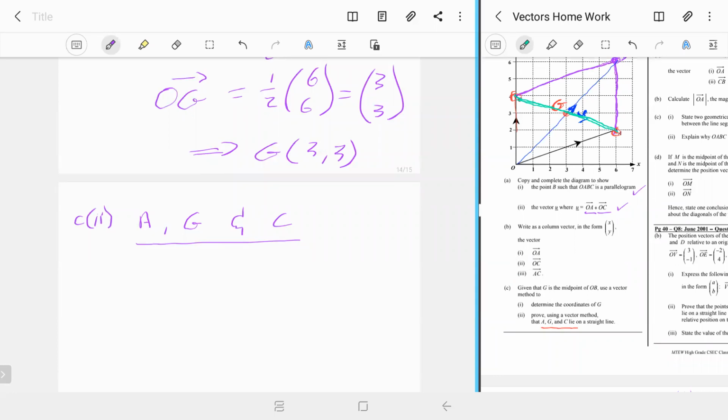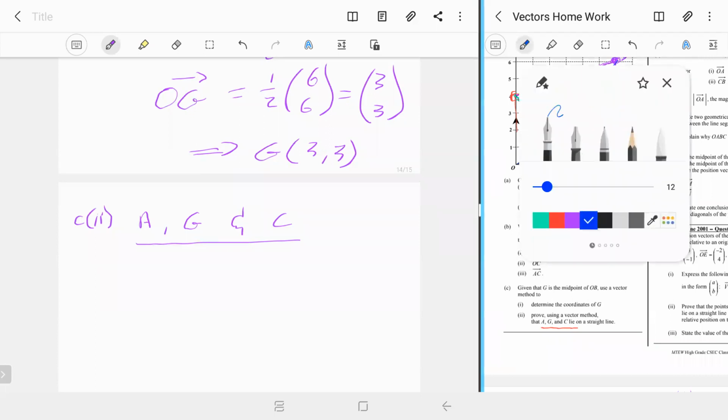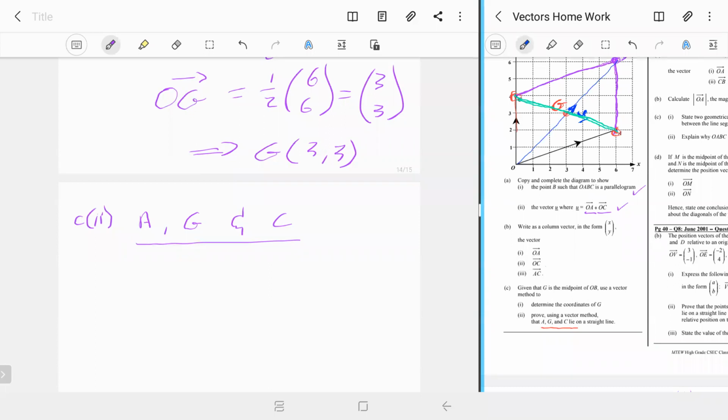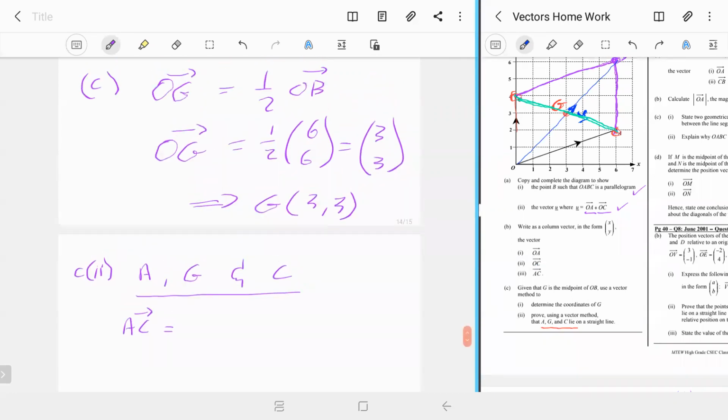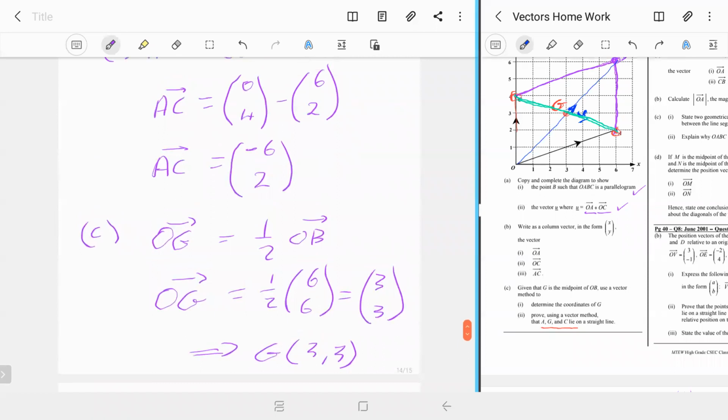To show that A, G and C are on a straight line, we need to use two vectors. Now look here, we have AC already, so it doesn't make sense to calculate AC again. Any two vectors we can use. So we're going to use AC, which we have already. And what was AC again? AC was negative 6, 2.